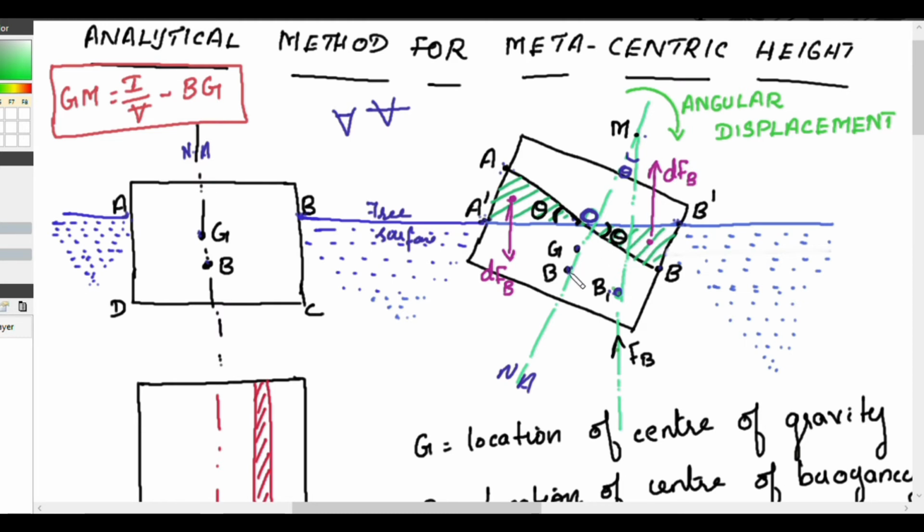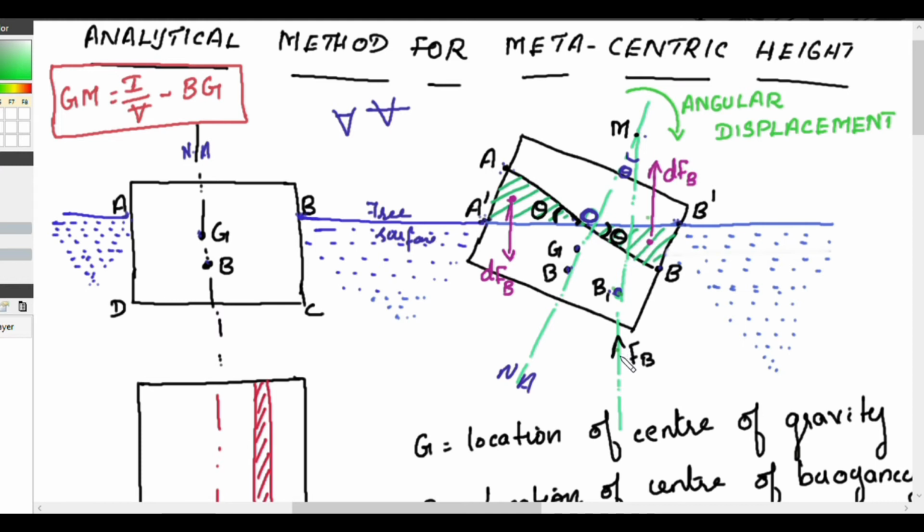Now since there is a shift from B to B1, this buoyant force will develop a moment along the normal axis, and the moment due to this couple and the moment due to this buoyant force will be equal.